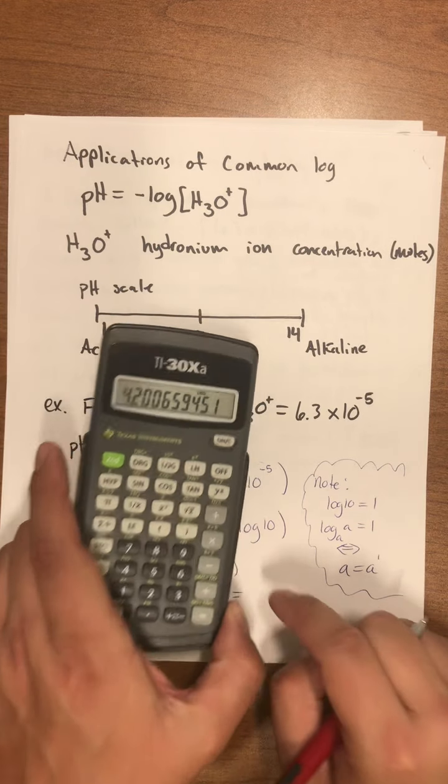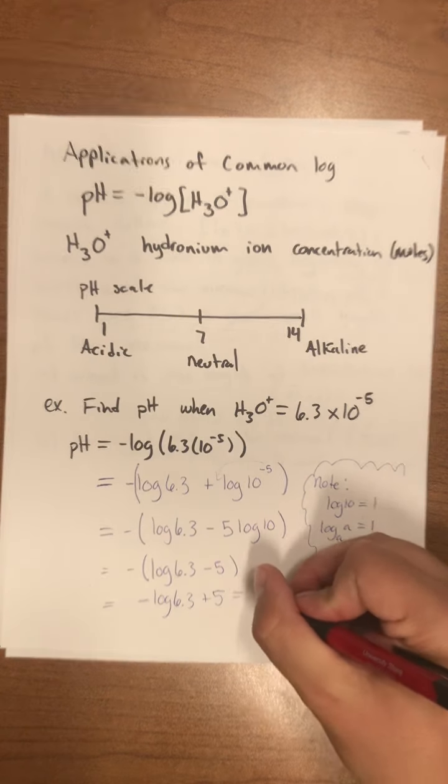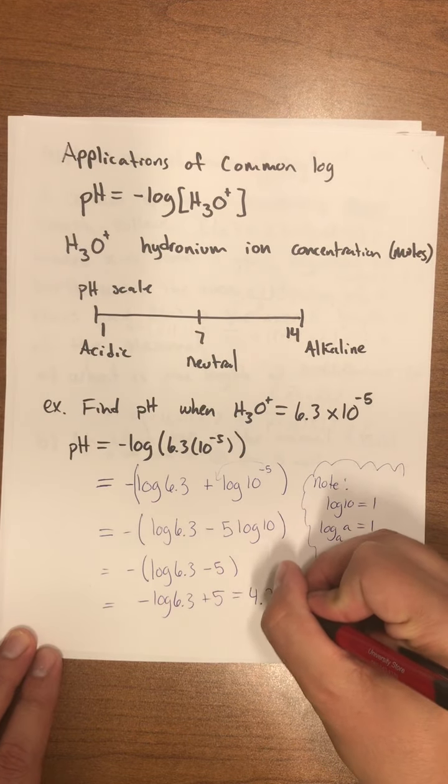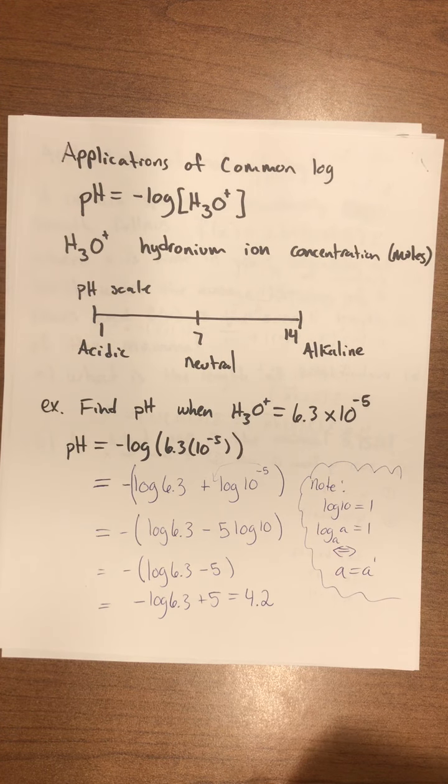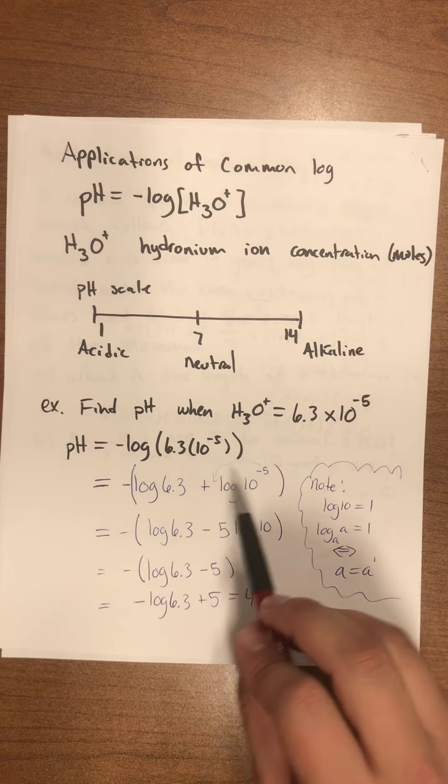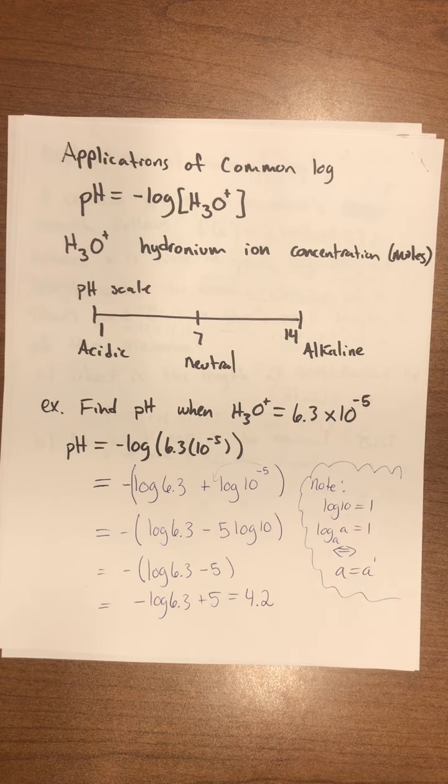About 4.2 is the pH for this value for the hydronium ion concentration.